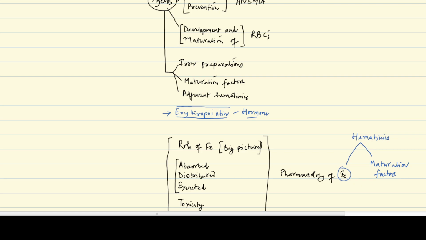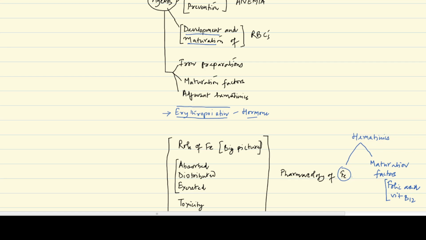Okay, we already alluded to. Okay, these agents are involved in the development as well as maturation of RBCs. So, what are the maturation factors? We have got folic acid and vitamin B12. Okay, so these are the maturation factors.